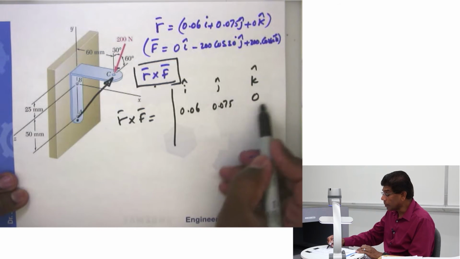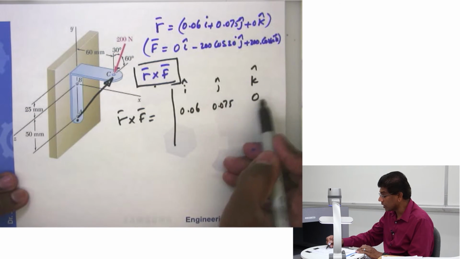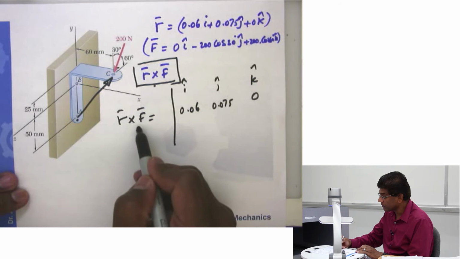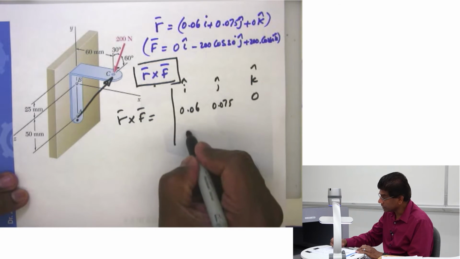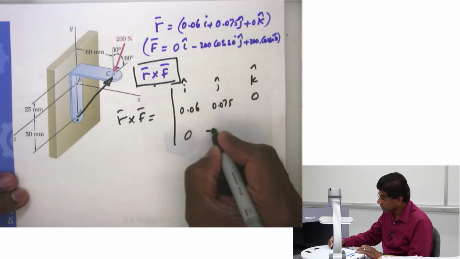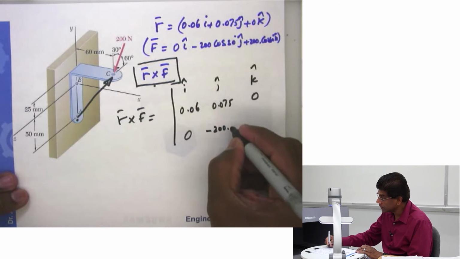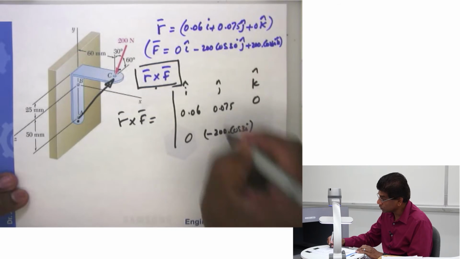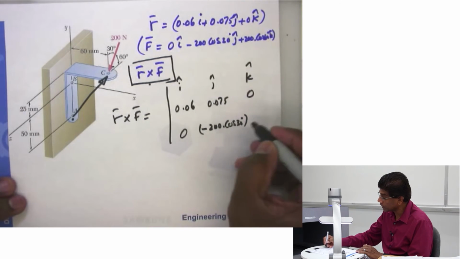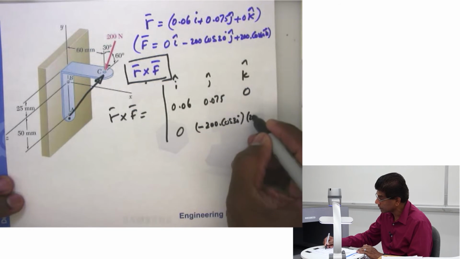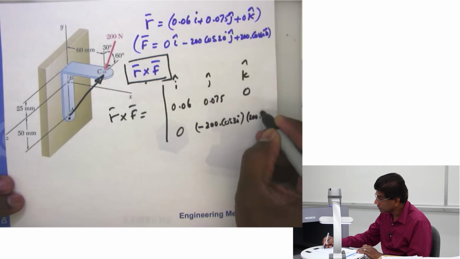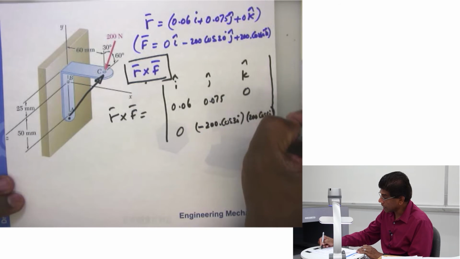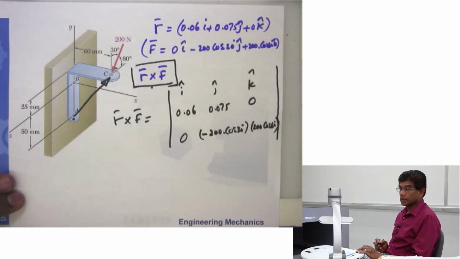So this row belongs to the components of the position vector. The next row belongs to the components of the force vector, which in this case is 0, negative 200 cosine 30. Remember, this is just the y component, and the last component I'm going to squeeze in here, 200 cosine 60 degree, and that's my determinant form.